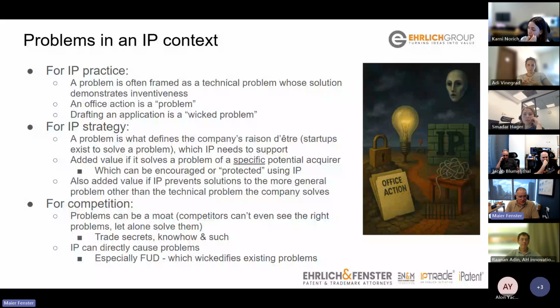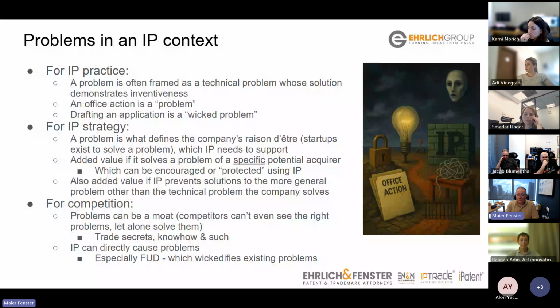Further for IP strategy, and I said this before, but it bears saying again, if a company is solving a problem of a specific potential acquirer, that adds more value to the startup. And of course, we want to encourage that or protect the solutions to the problem using IP.